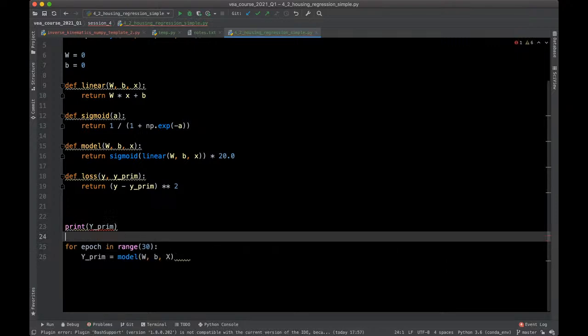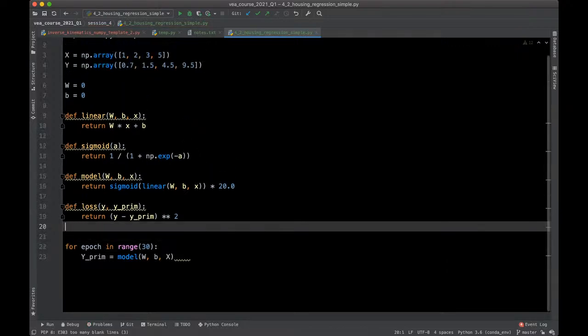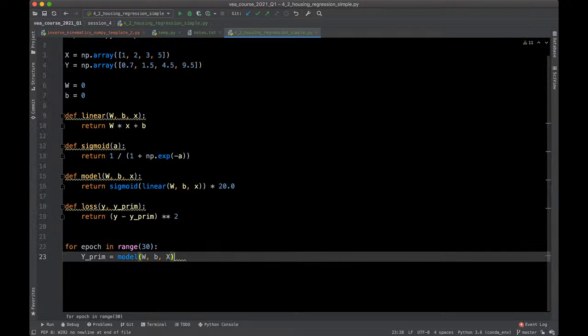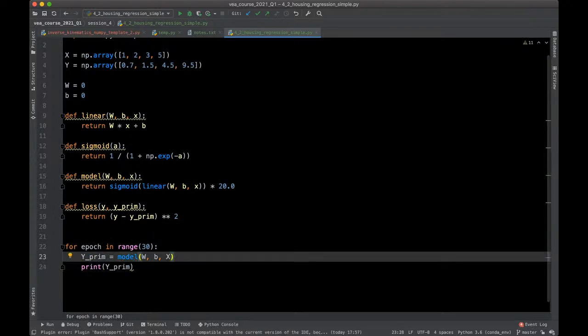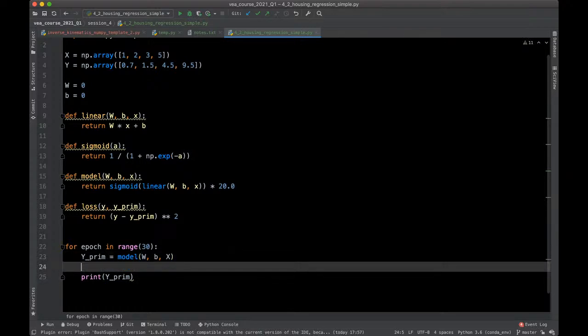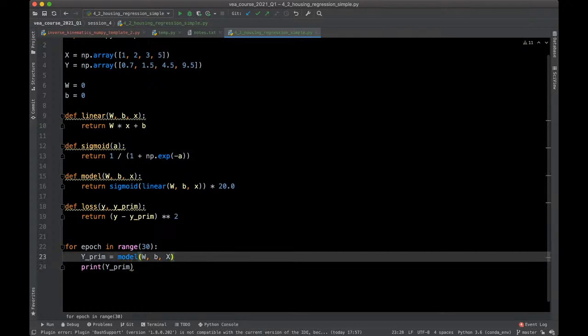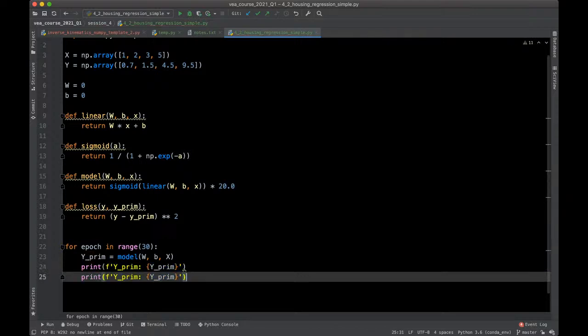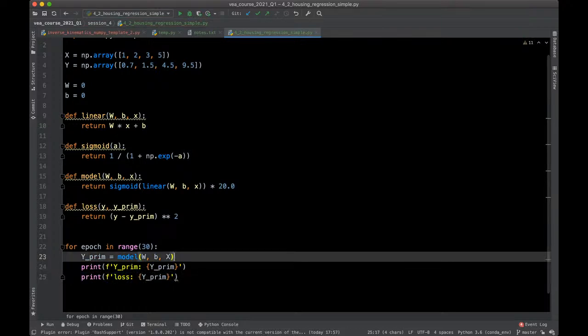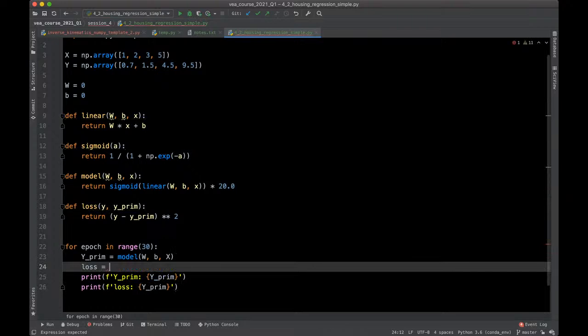And then we will predict our prices, and then we can also calculate our loss. So this will be y prime. Let's write it down properly. Y prime, and the loss. The loss will be calculated using the real values.